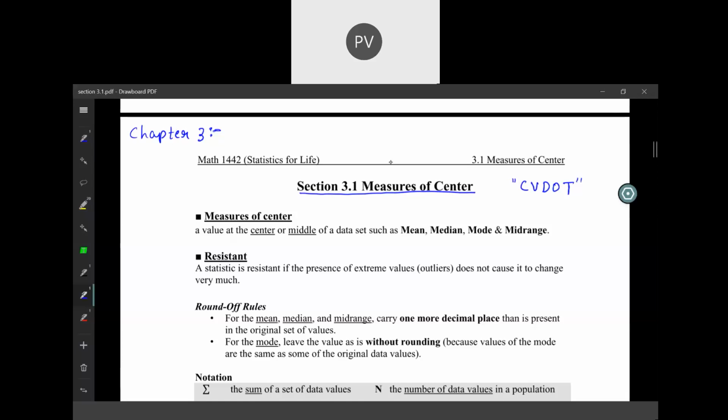And V is the measure of the amount that the data values vary. D is the nature or shape of the graph. O is the outliers. Outliers means the data values which are very far away from the other data values. T is time. Okay.